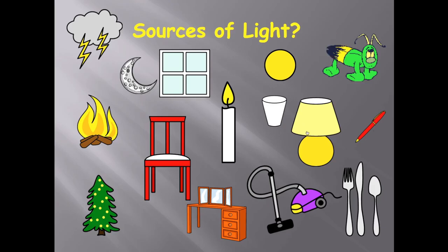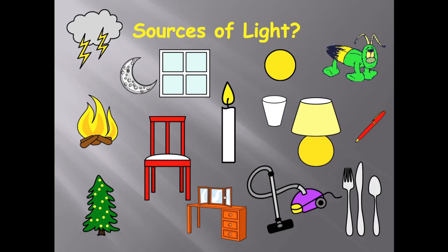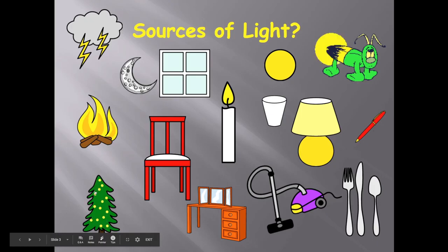A glass, a lamp with a bulb in it, a lampshade and a body, the pen, cutlery, a hoover, a desk with a mirror. The mirror reflects light. We did the chair, we had the tree, of course, with the Christmas lights on it, very seasonal.